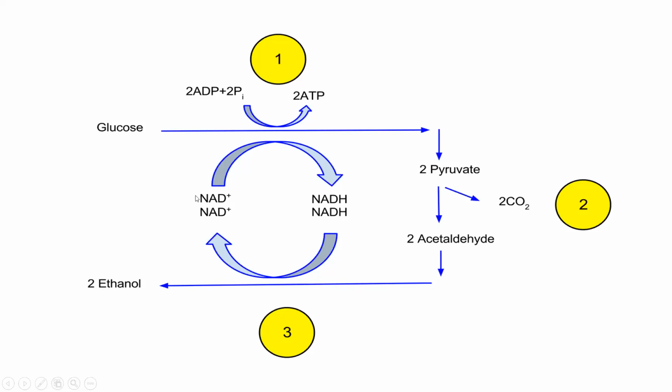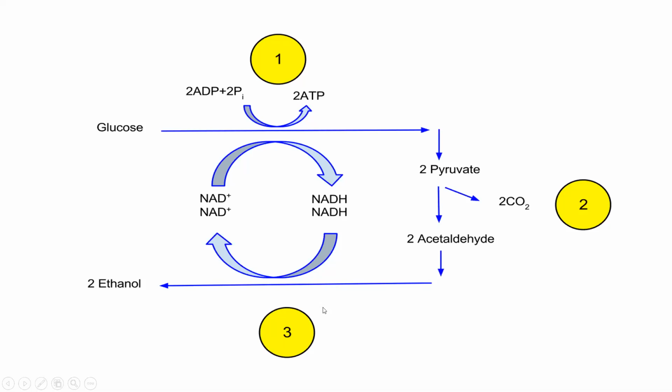So the oxidized form NAD positive is getting converted into NADH, and this is then again reused. In the first step, the NAD positive in the oxidized state is getting reduced to NADH plus H plus, and two ATP molecules are synthesized by the first step because of substrate level phosphorylation.